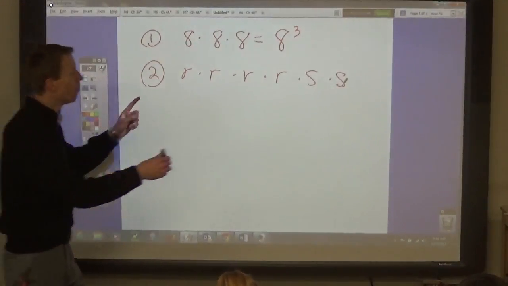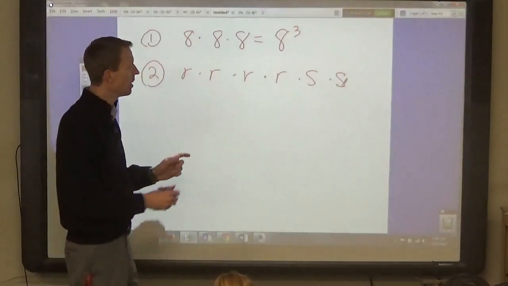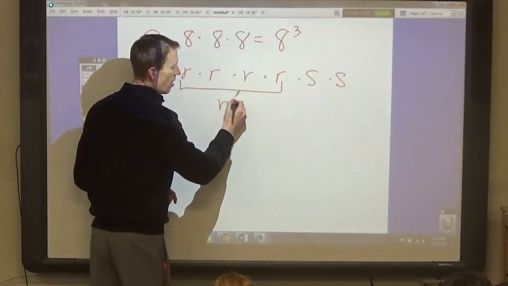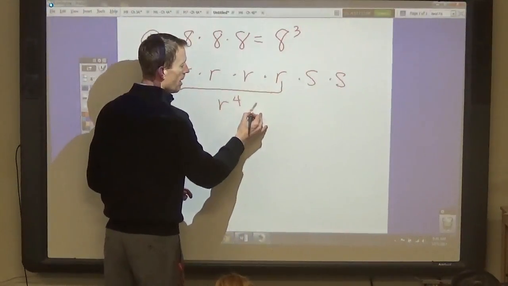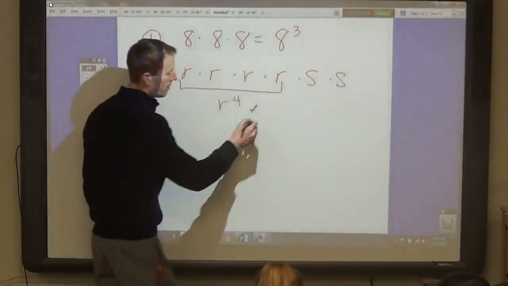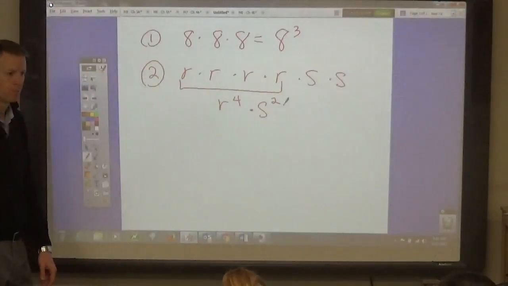Now, we cannot combine these and write them as the same power. So we can combine the R's and write those as R to the fourth power. But then we have to keep the times sign and write S to the second power. Okay?